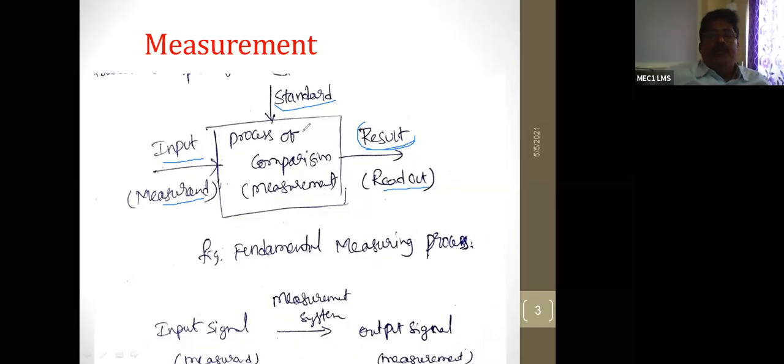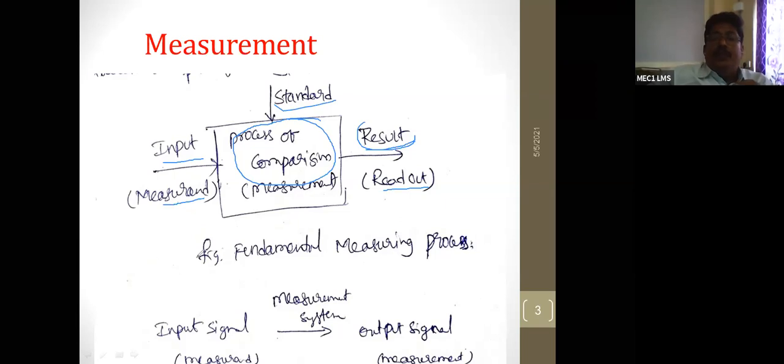In between, some process of comparison, that is called a measurement. This comparison is with a standard one. So this is the measuring process, the fundamental of the measuring process.